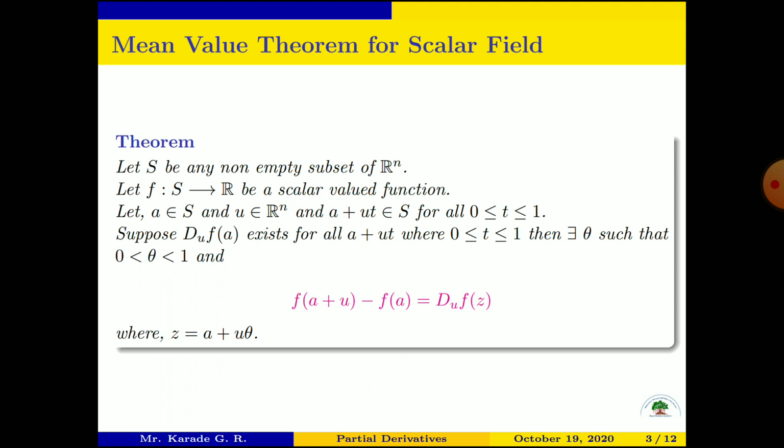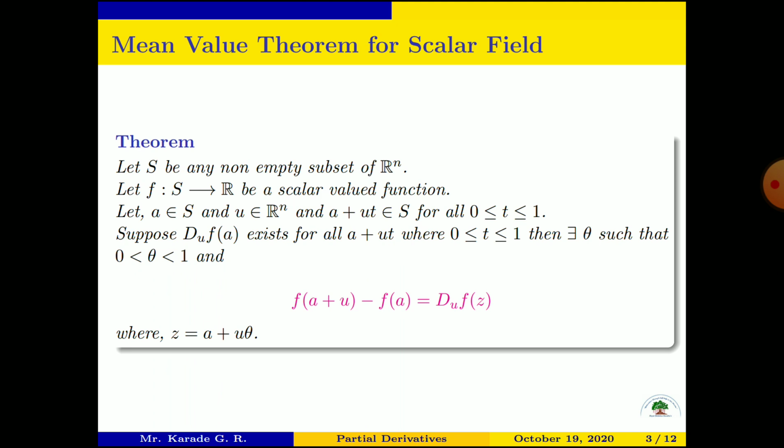The statement is: let capital S be any non-empty subset of Rn. Let f from S to R be a scalar valued function. Let A belong to S and U belong to Rn, and A plus ut belongs to S for all t with 0 less than or equal to t less than or equal to 1.